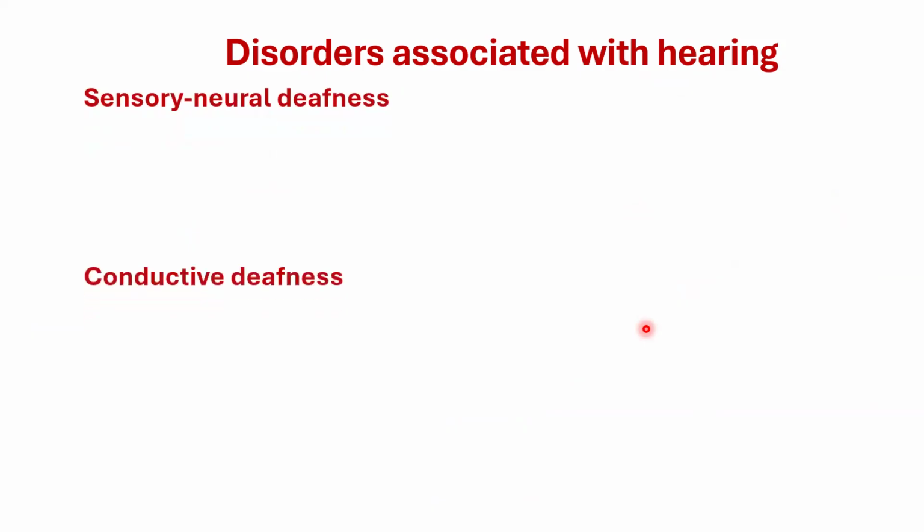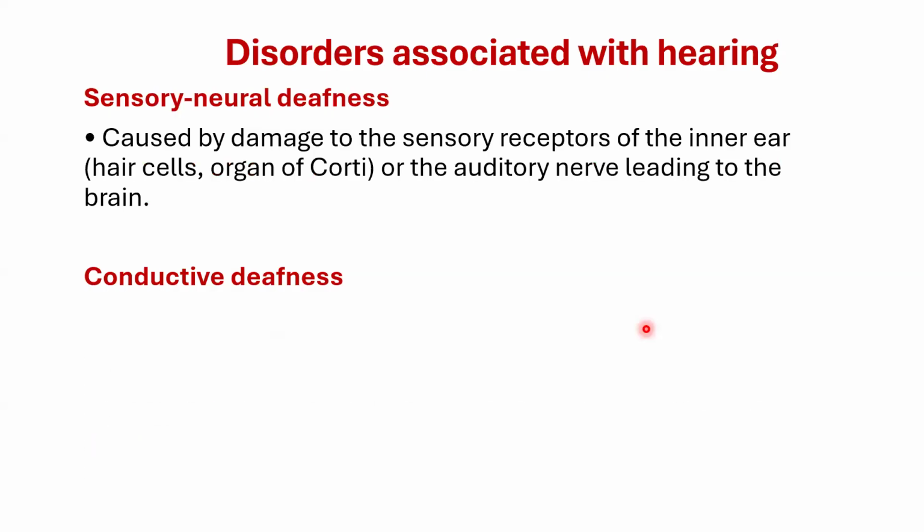So what are some of the disorders of hearing? The disorders of hearing can be either sensorineural deafness or conductive deafness. Sensorineural deafness is caused by damage to the sensory receptors in the inner ear, so we talk about the hair cells in the organ of Corti or the auditory nerve leading to the brain.